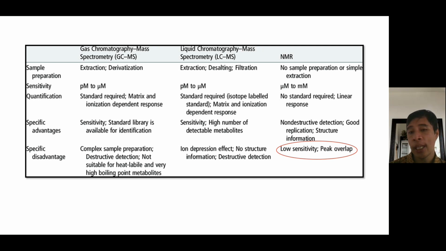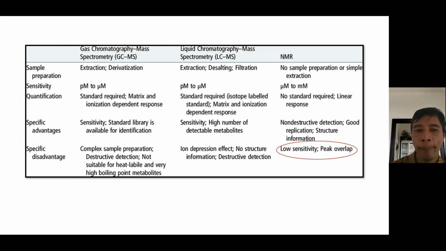But for nuclear magnetic resonance, you don't have to prepare your samples. You don't have to deploy the extraction protocol. You just directly collect your samples and then you can run analysis using NMR, nuclear magnetic resonance. However, as you see here, the sensitivity for GCMS and LCMS, as I mentioned before, is higher. You may detect your samples at very low concentration, from picomole to micromole.